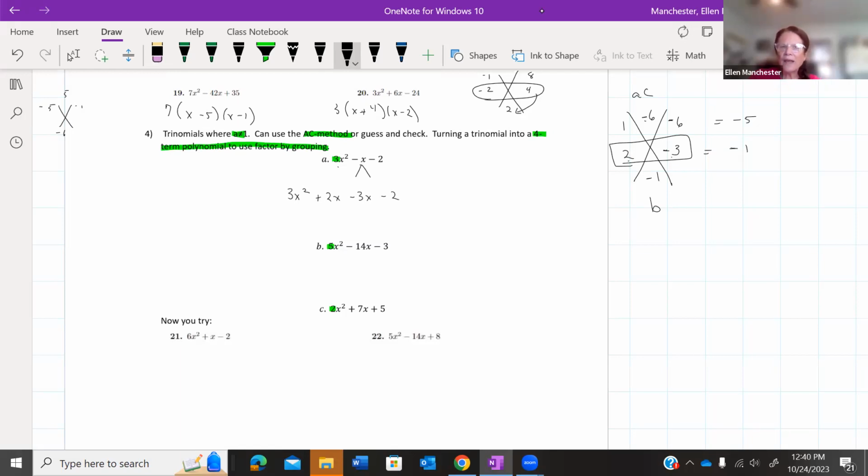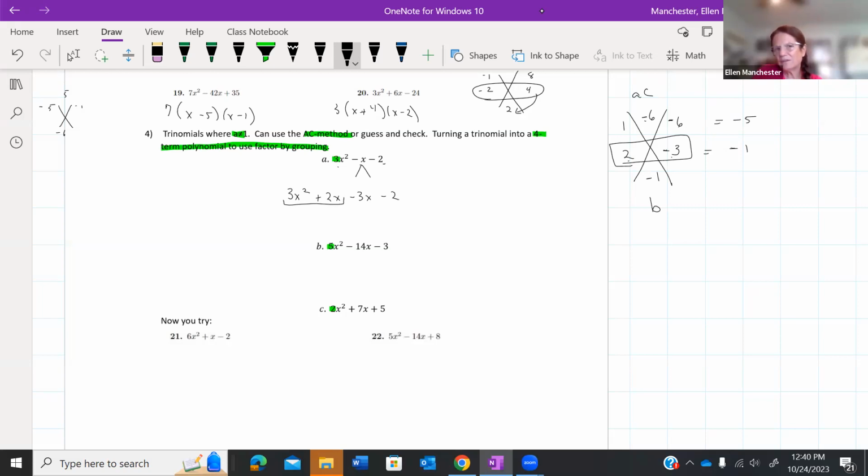Okay, so now I've taken a 3-term polynomial and I've turned it into a 4-term polynomial. And you only have to do this with a trinomial where the first number is not 1.